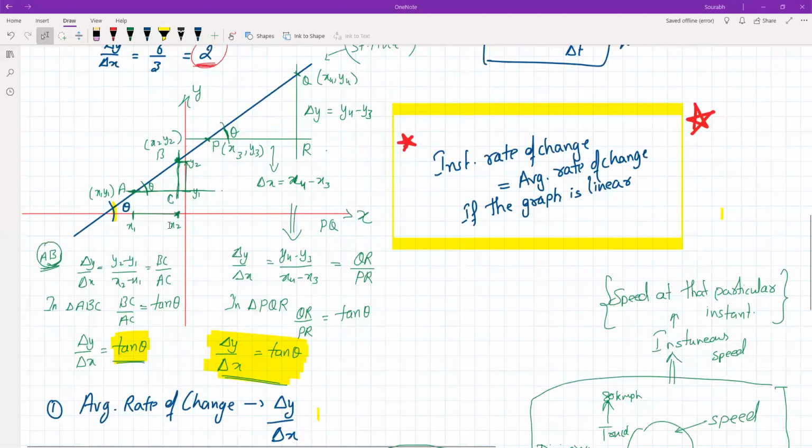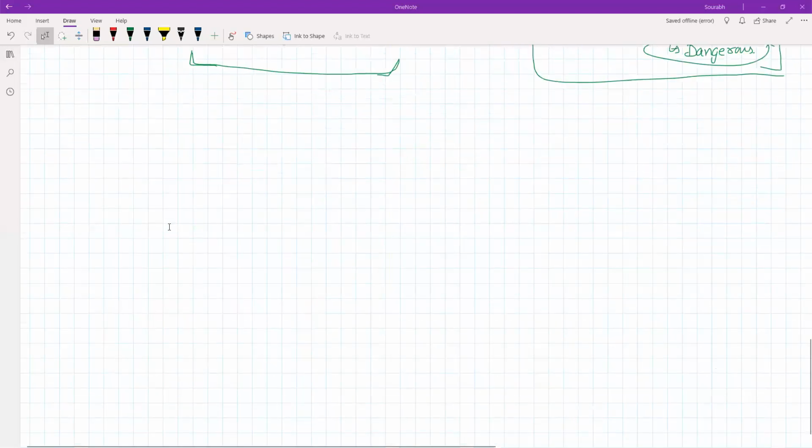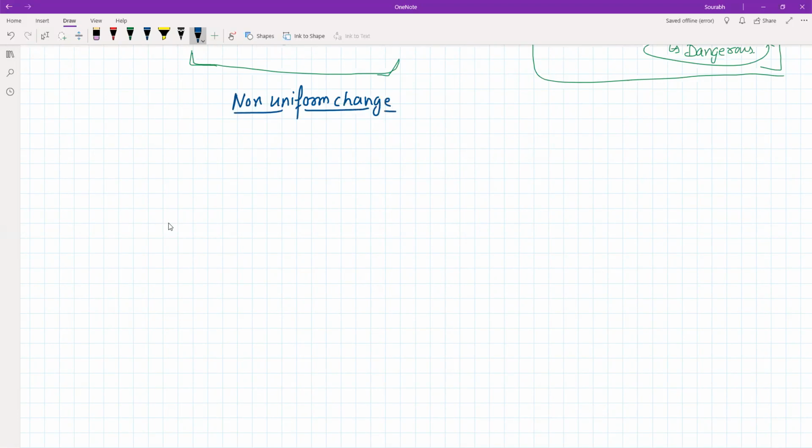Okay, next we'll move to the second part, where we have the non-uniform change. Again, it is represented by a function. You have already seen y equals x square is one such function which is non-uniform.